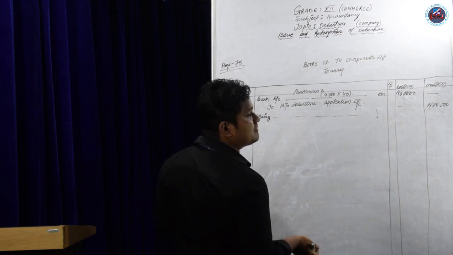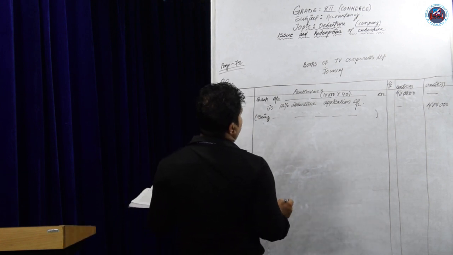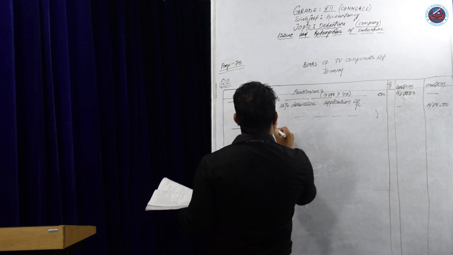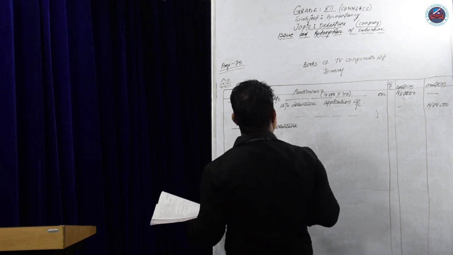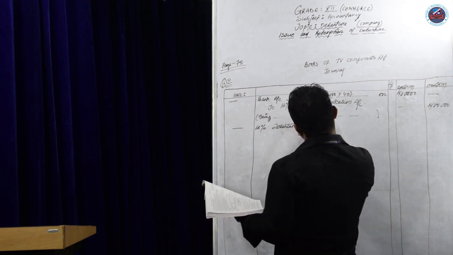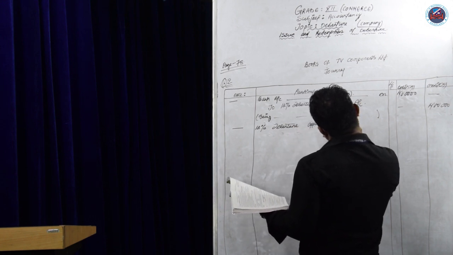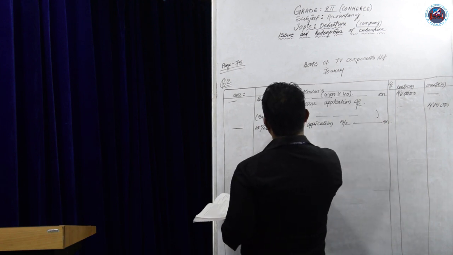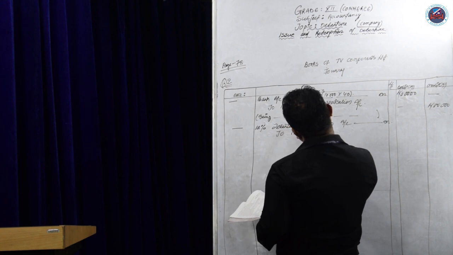Now it will be transferred to the company's loan account, that is the debenture account. So what will be the entry? 12% debenture application account debit, to 12% debenture account.